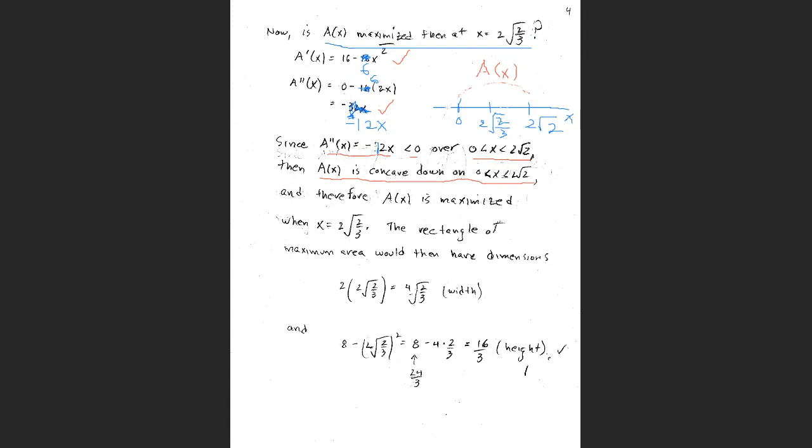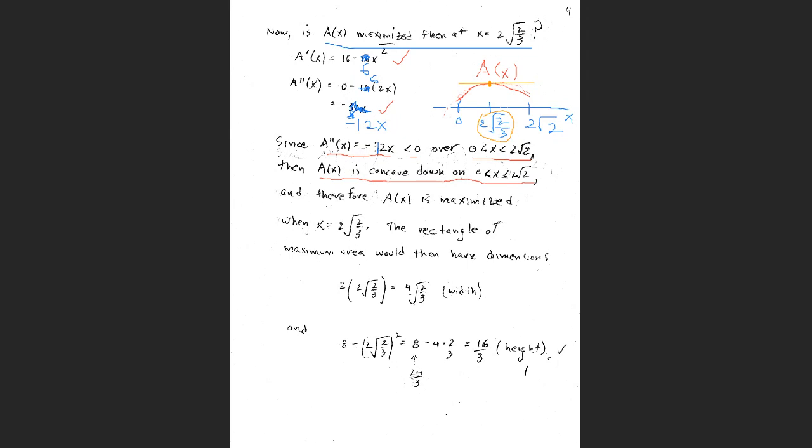I've not drawn my A function on the calculator, but I know that at 2 times root 2/3, that's a critical point for my area function, meaning there is either a maximum or a minimum.